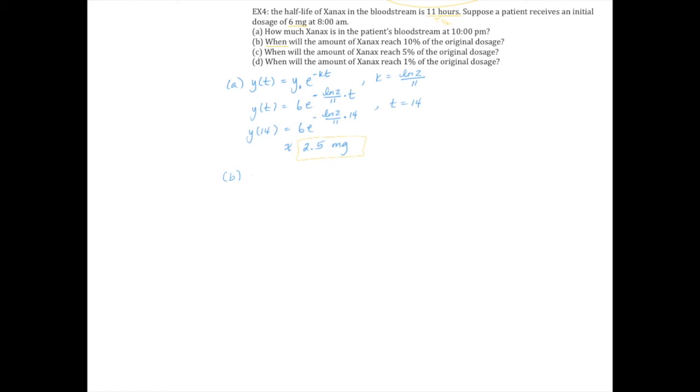So it's going to be equal to 0.1 of the original dosage, which is 6 milligrams, equal to 6 e to the negative natural log of 2 over 11 times 14. Okay, so that's nice because I can divide both sides by 6.